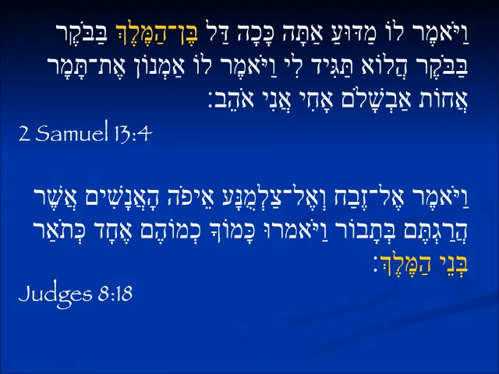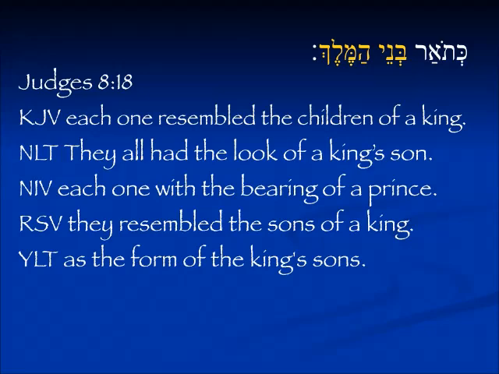Let's look at the different translations here. King James says, each one resembled the children of a king. Clearly, it's the king. But here they have moved the article to the children. The NLT, they all had the look of a king's son. Here they've reduced the son to just one son.